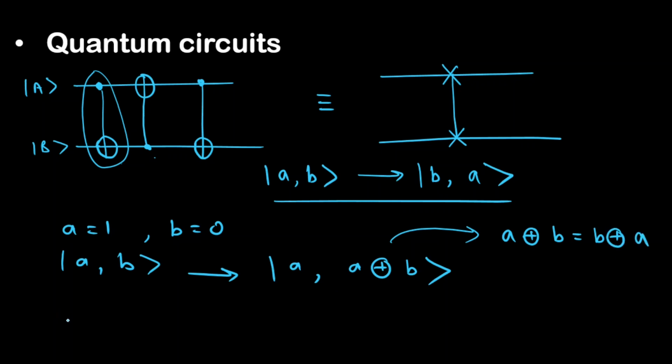Now for the second operation, we have an inverted CNOT gate.